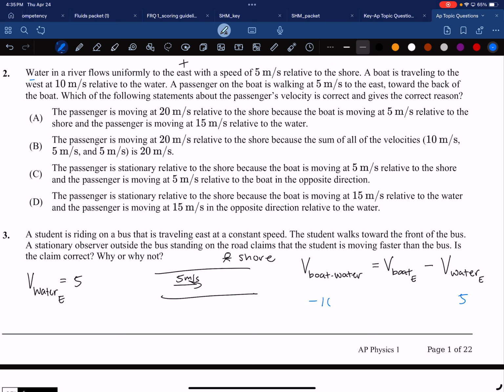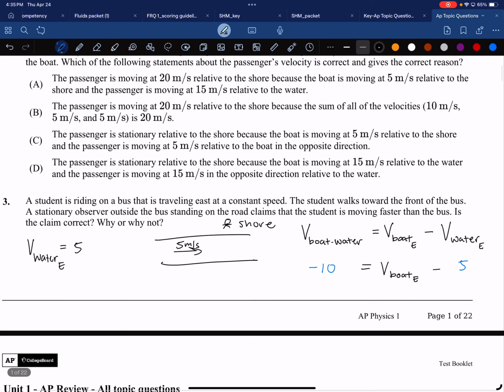So negative 10 meters per second. And from here, I can actually solve for the velocity of the boat relative to the earth or the shore. What is that going to be? It's going to be negative 5, yeah. So it's going to be negative 5 or 5 meters per second to the west.